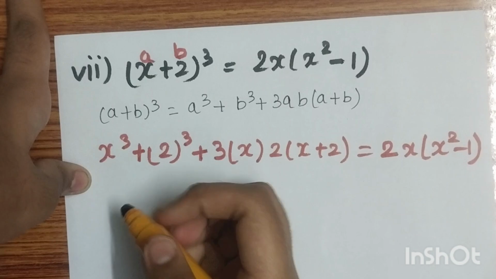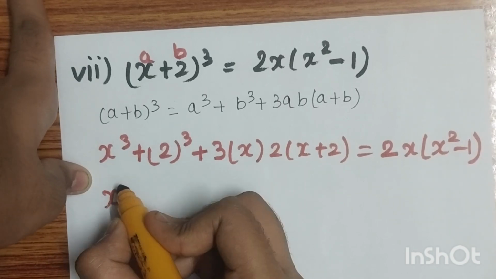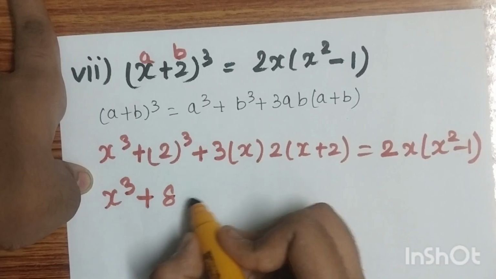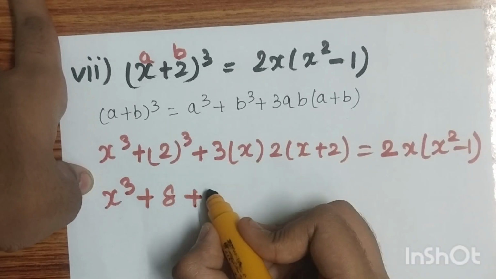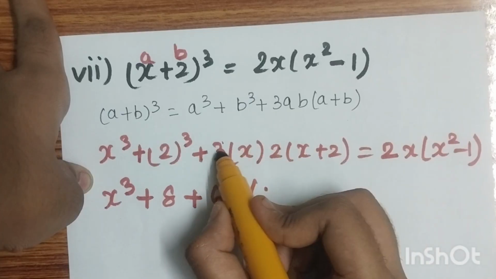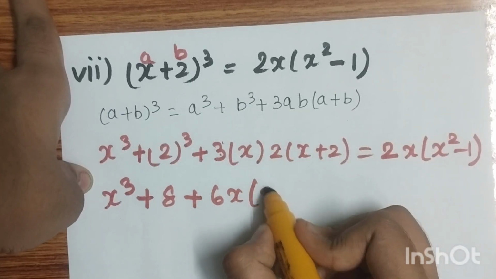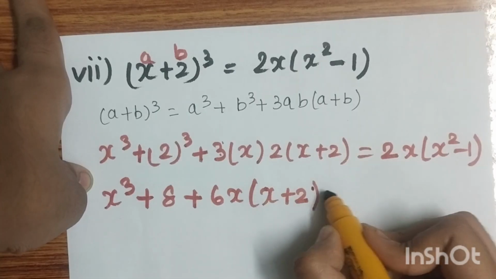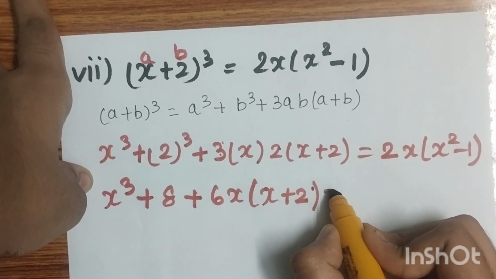Okay, so now x cube, 2 into 2 into 2 is plus 8, and here plus 6x. I have just multiplied this: 3 into 2 is 6, and then (x plus 2) into x here.